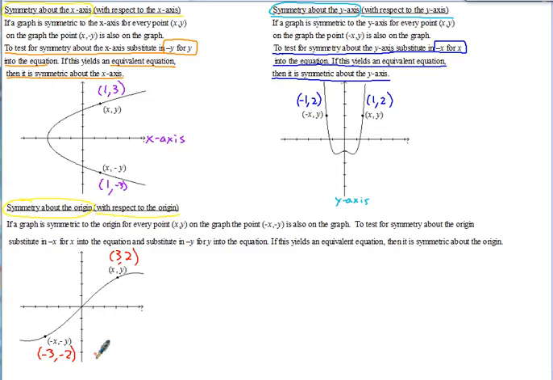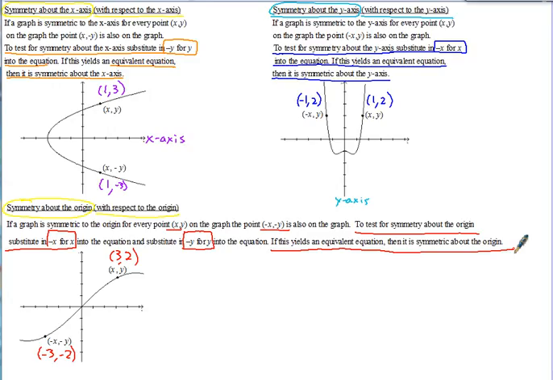So for every point (x, y) on the graph, there's a point (-x, -y) on the graph. It's kind of like putting the x-axis and y-axis symmetry tests together. The test for symmetry about the origin: you substitute in -x for x and -y for y. And if this yields an equivalent equation, then it's symmetrical about the origin.